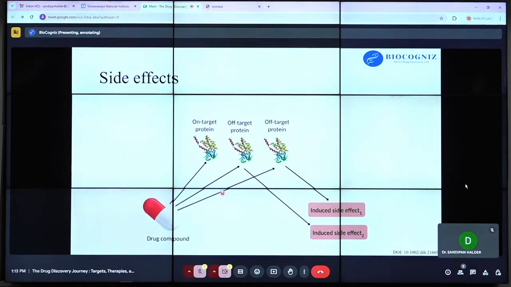Something like this. So, in simple terms, how do you define a side effect? That is the question. A side effect is not something which comes from somewhere; it is for the drug which we are taking. For example, antihistamines.